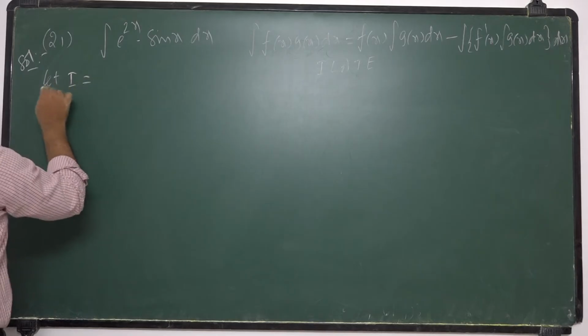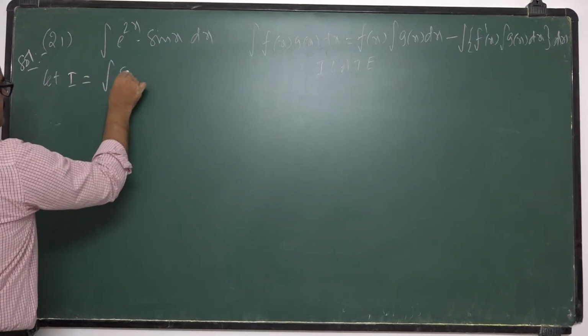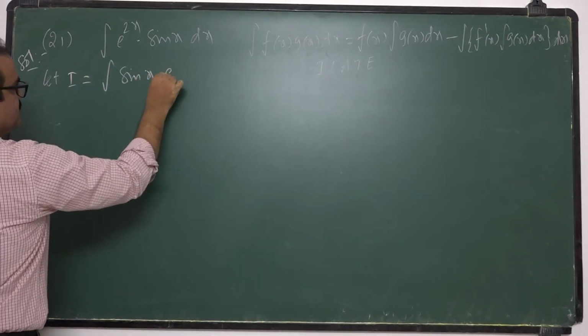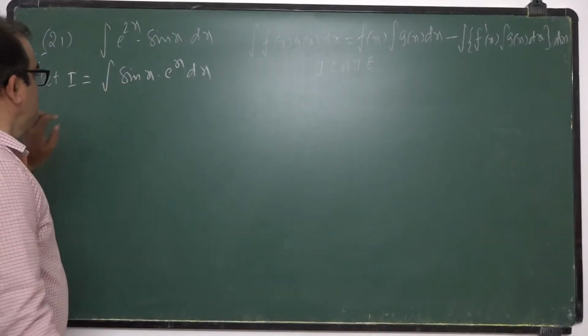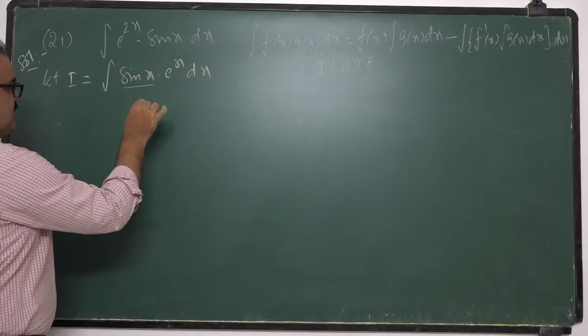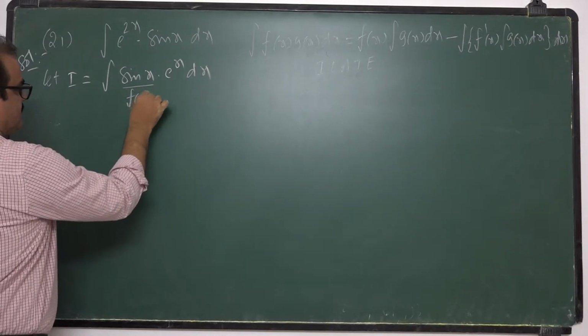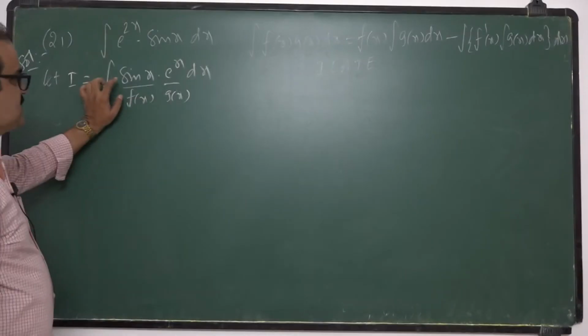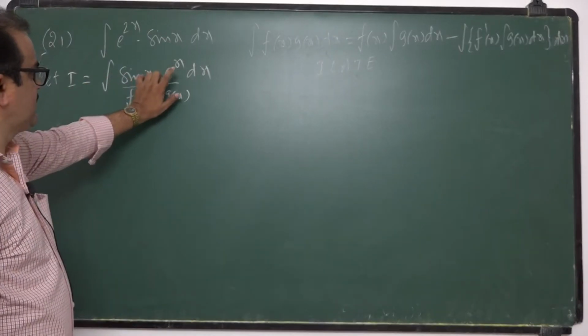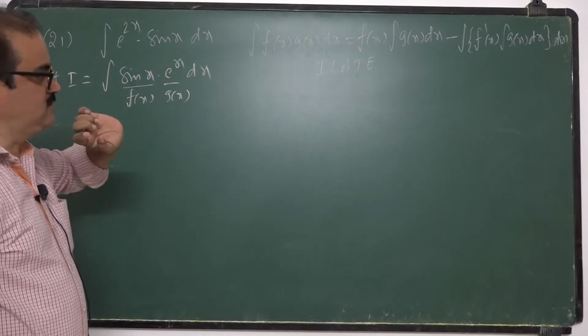Let I is equal to integral sin x into e power 2x into dx. Now this is taken as f of x and this is taken as g of x. First function is the trigonometric function, second function is the exponential function.